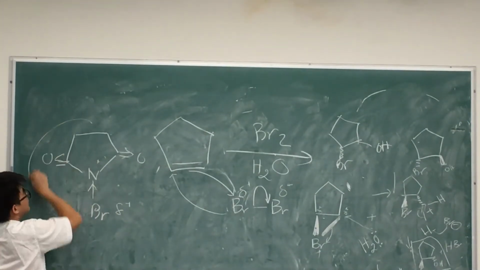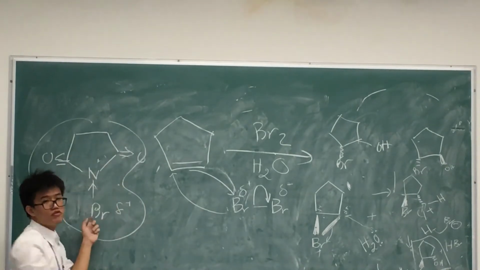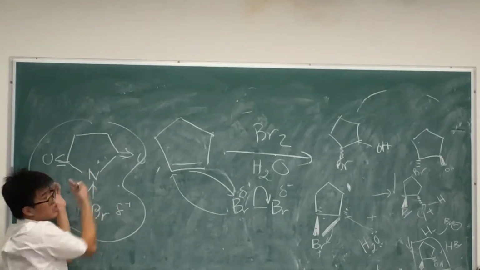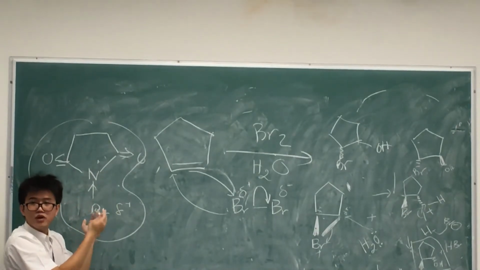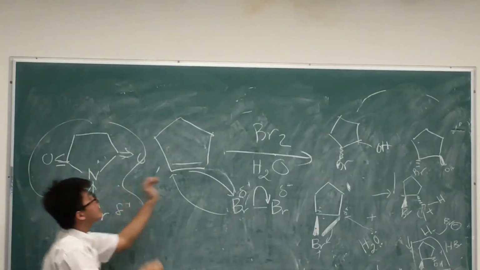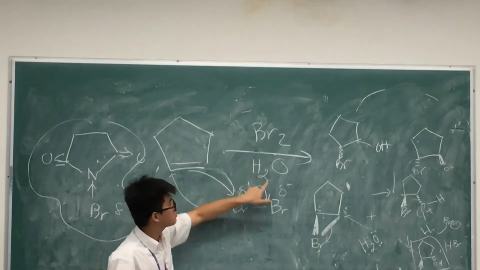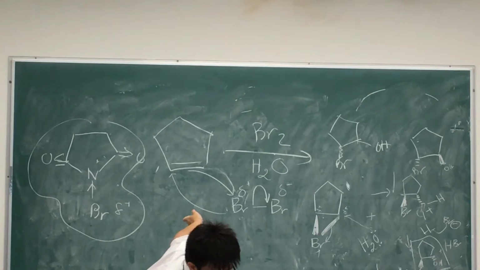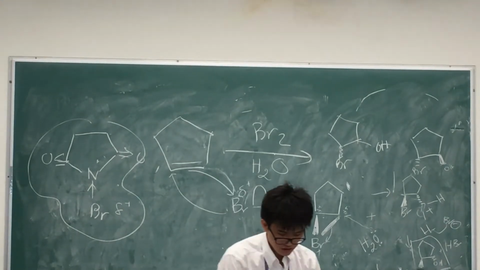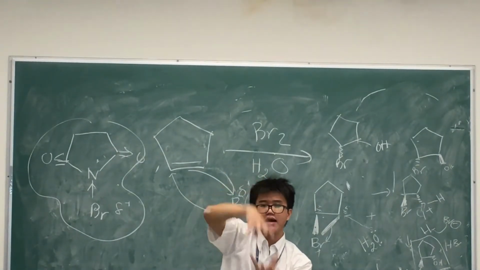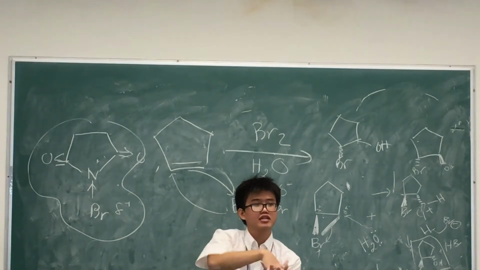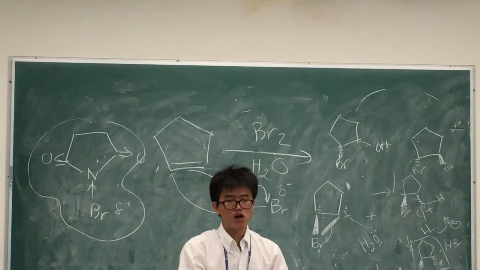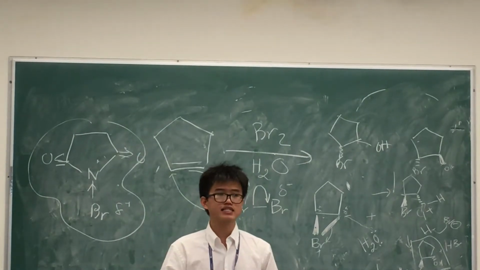And look at this one. This one can be dissolved really well in the organic solvent because it's kind of non-polar. So this one cannot dissolve anything else besides water, but this one can dissolve in DMSO. So when you want to have the reaction happen, you need to have all the components in the same phase. So that's why the structure becomes more complicated, but the mechanism is exactly the same.